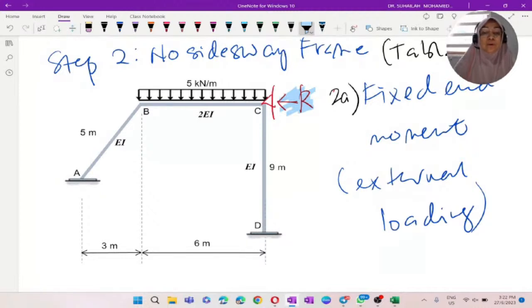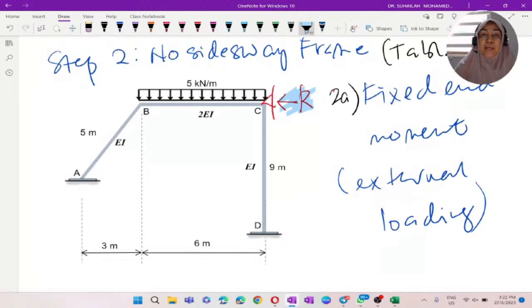Okay, so by looking at the diagram, we have member AB, member BC, and member CD. And member AB has no member load. There is no point load. There is no UDL. There is no triangular load that is subjected on the member.